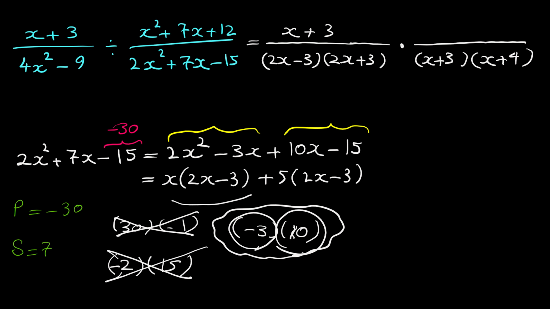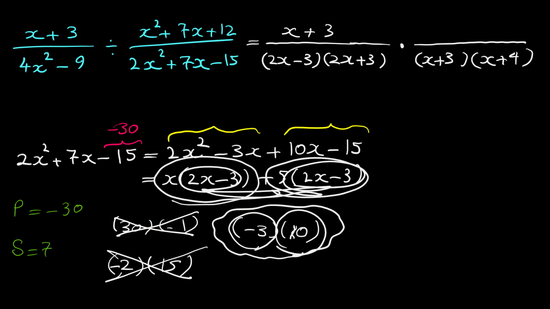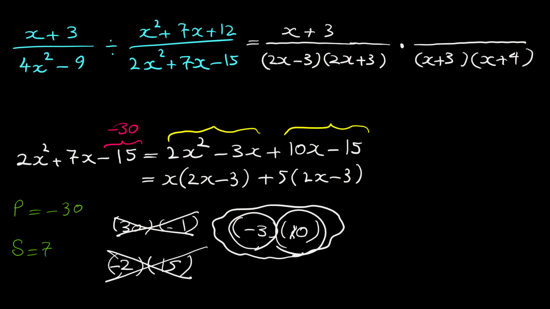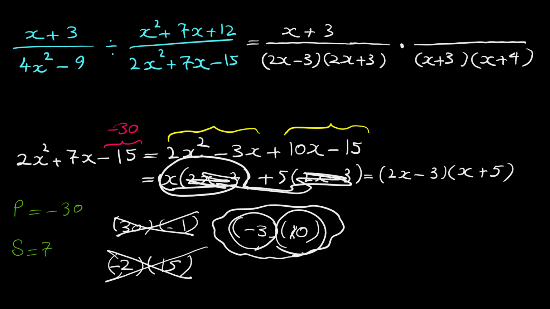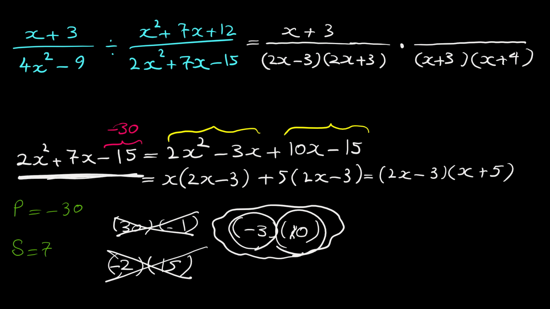Now if you pay attention, between this term and this term, 2x minus 3 is the common factor. So we factor 2x minus 3 and then we have x plus 5. By factoring this, from the first term we have x, from the other term we have 5. This is the factored form of this trinomial.